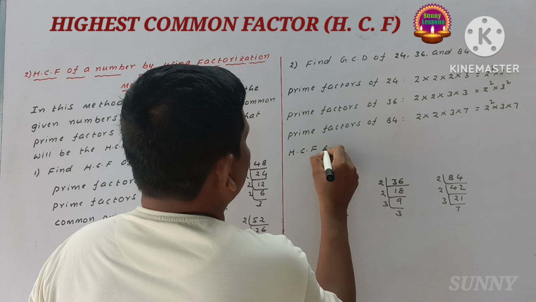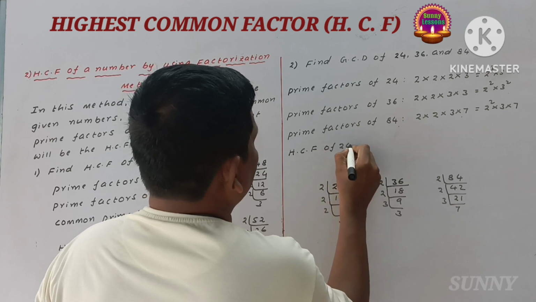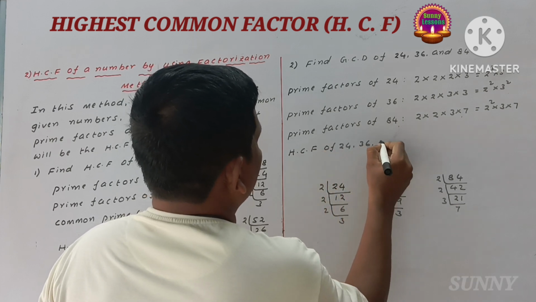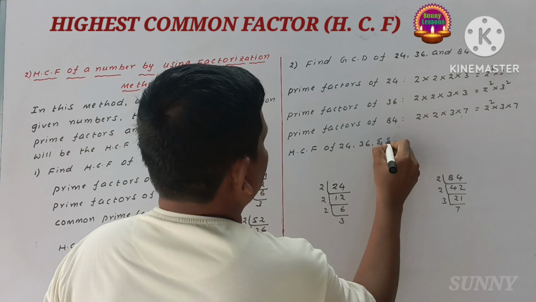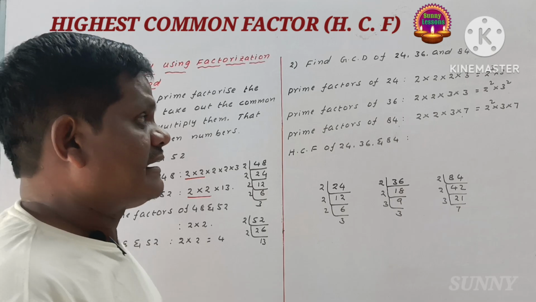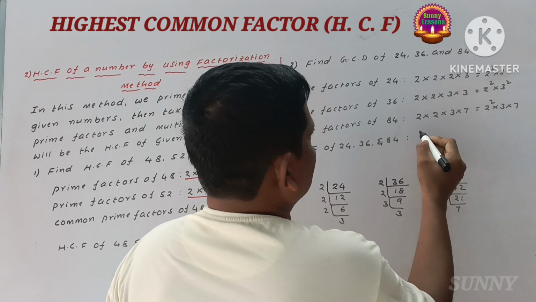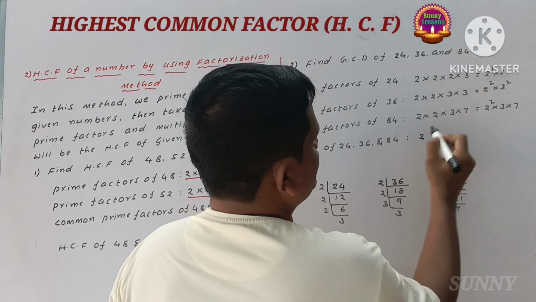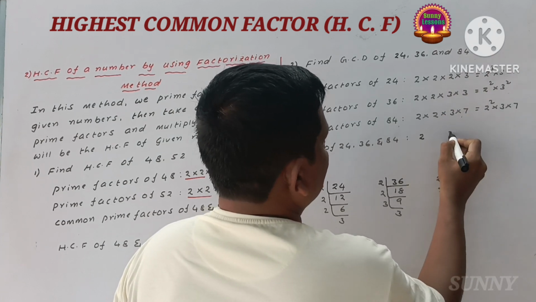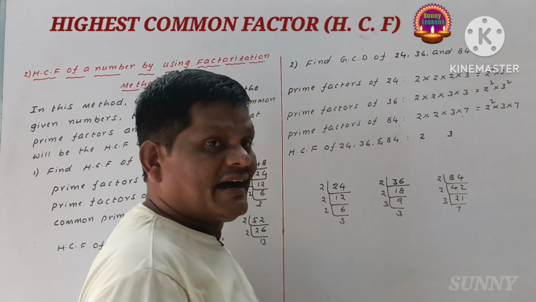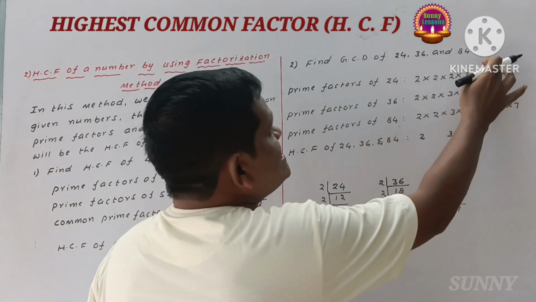HCF of 24, 36 and 84 is, write the common factors of these three. 2 and 3 are there. What is the least power of 2 in these three?